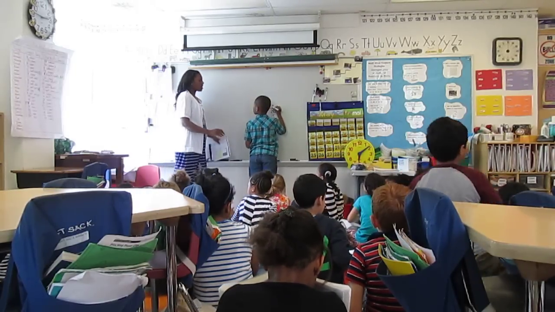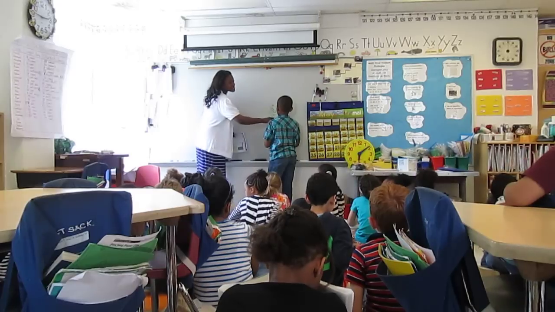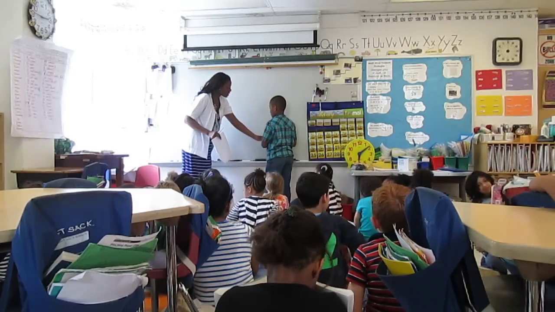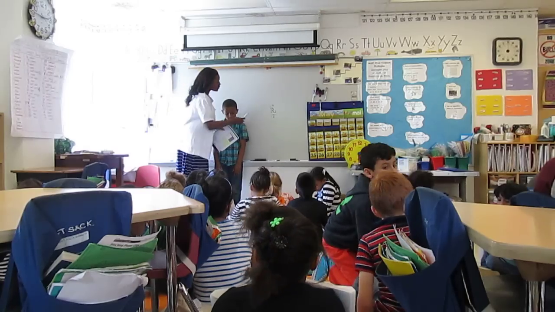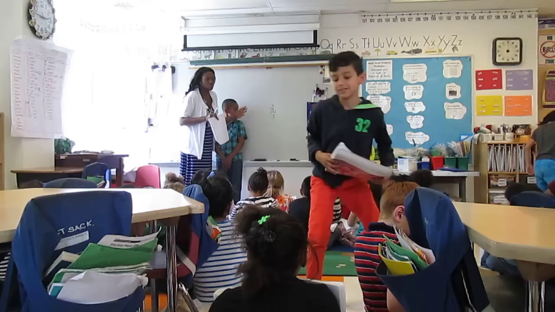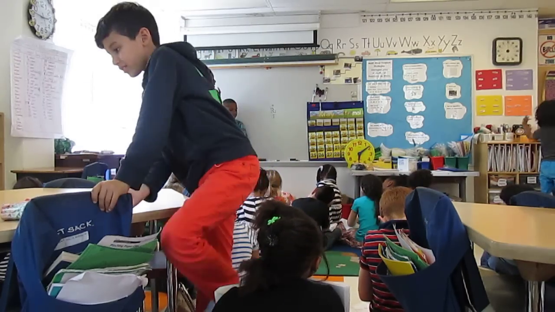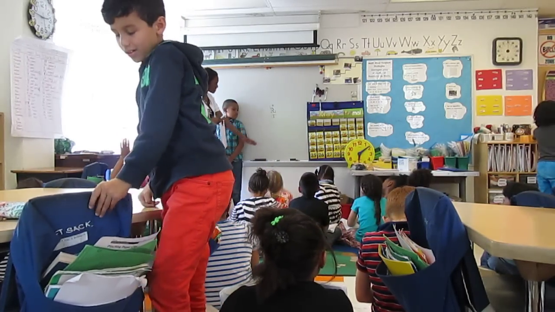Wait a minute. Abu. All right, everyone, pay attention. Abu, you stand this way. Because this is what a lot of you are doing. You're trying to do the algorithm, and you're just getting confused. That's what this looks like.